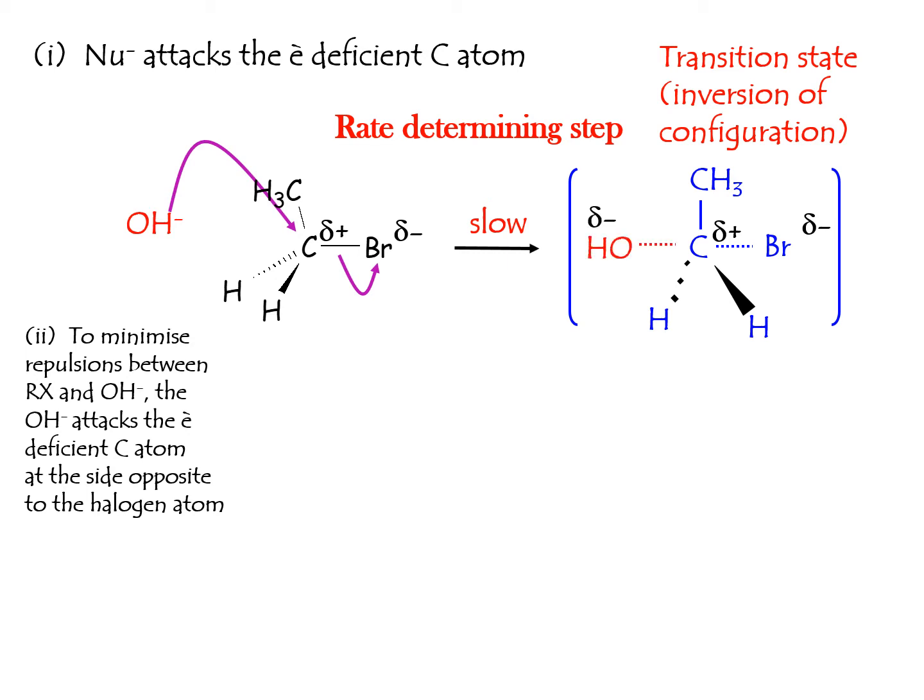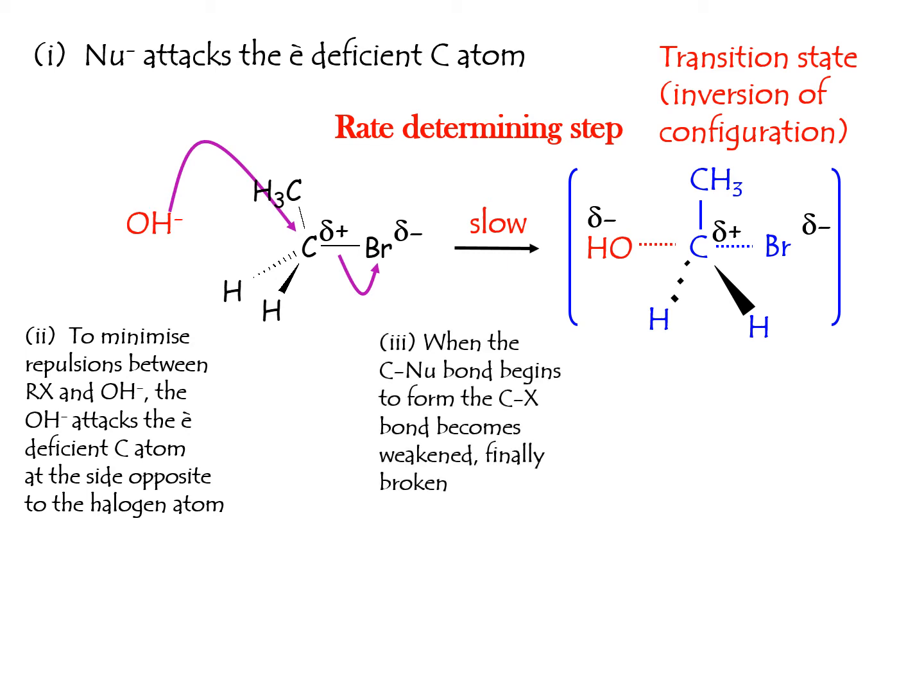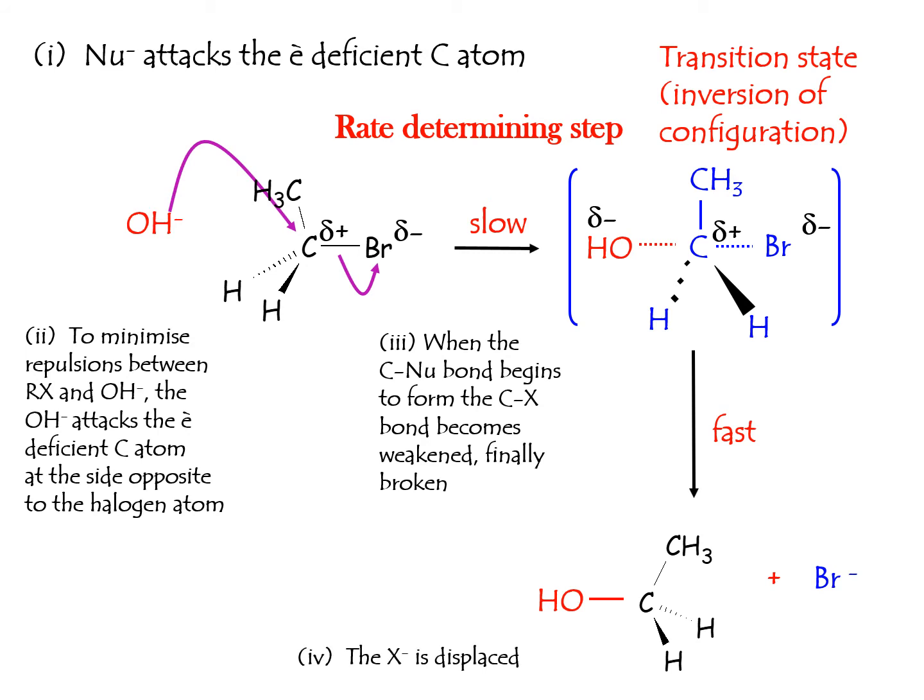The process occurs simultaneously. When the carbon-nucleophile bond begins to form, the carbon-halogen bond becomes weakened, and finally broken. The X-, which is Br-, is released.